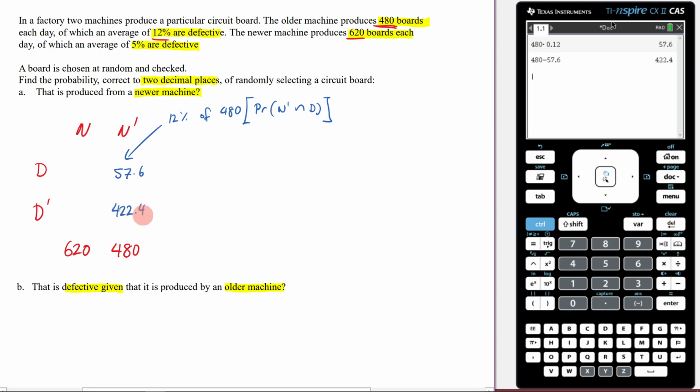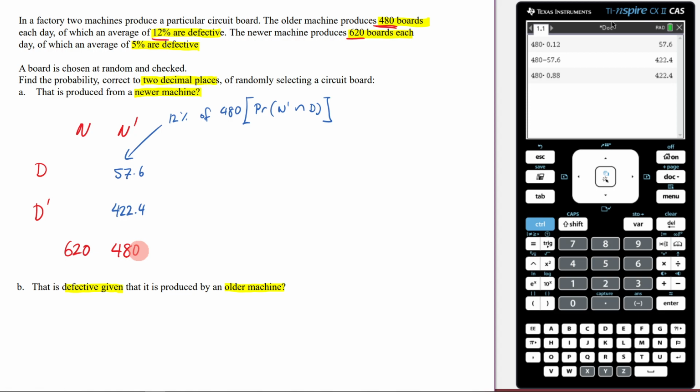We could have also said, well, if 12% are defective, the remainder is going to be not defective. So 88% are not going to be defective. So we could have gone 480 times 0.88, and that would have also given us 422.4. So it makes sense how this works. And again, if you add them up, you get 480 as well. Hopefully that makes sense about how I've gone about that.